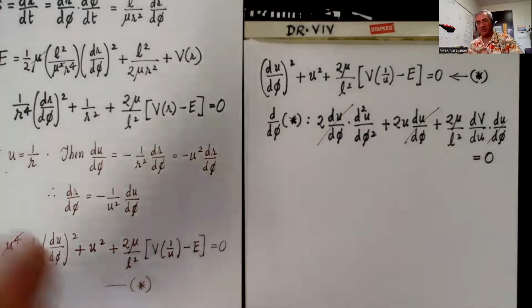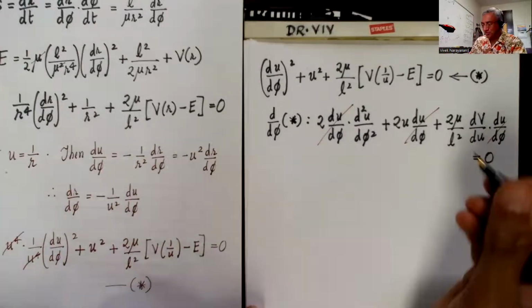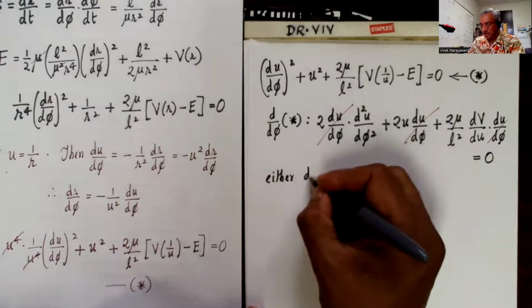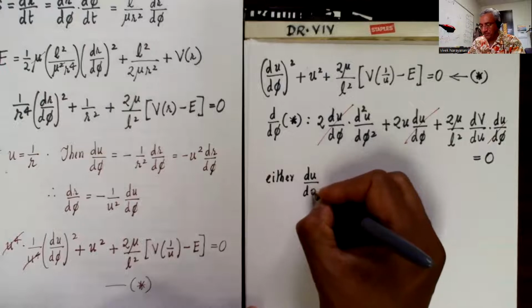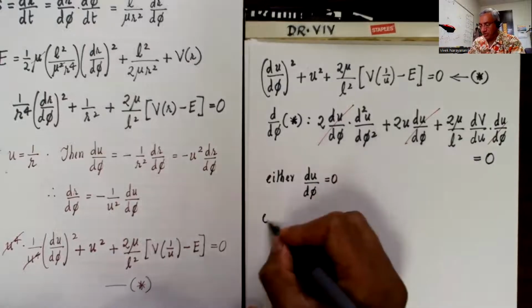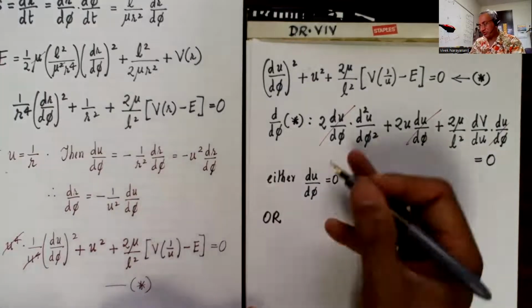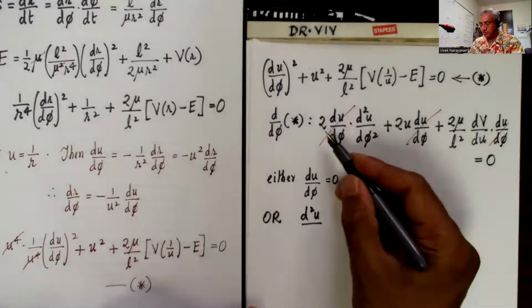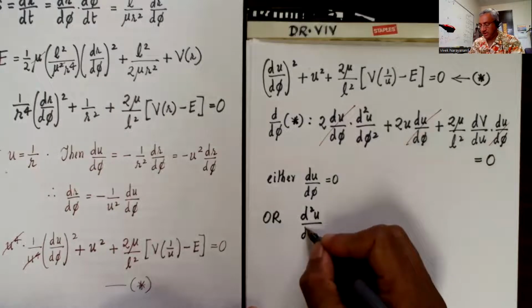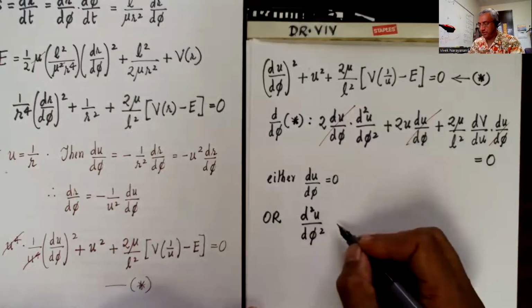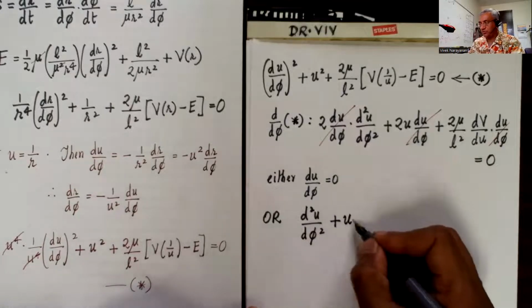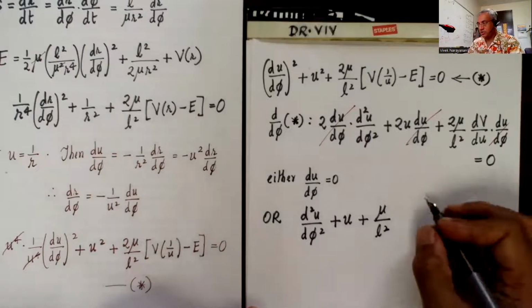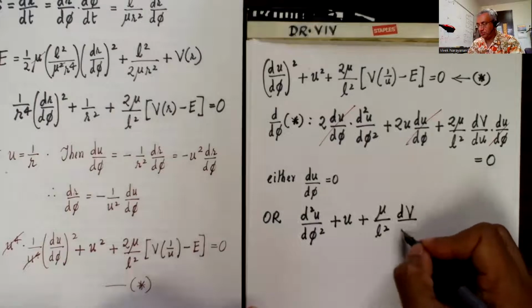When I take out, what I really mean is there are two solutions. You either have du by d phi equal to 0, or the rest of it equal to 0. The common factor can be cancelled out. So I get d2u over d phi squared plus u plus mu over L squared dV over du equal to 0.